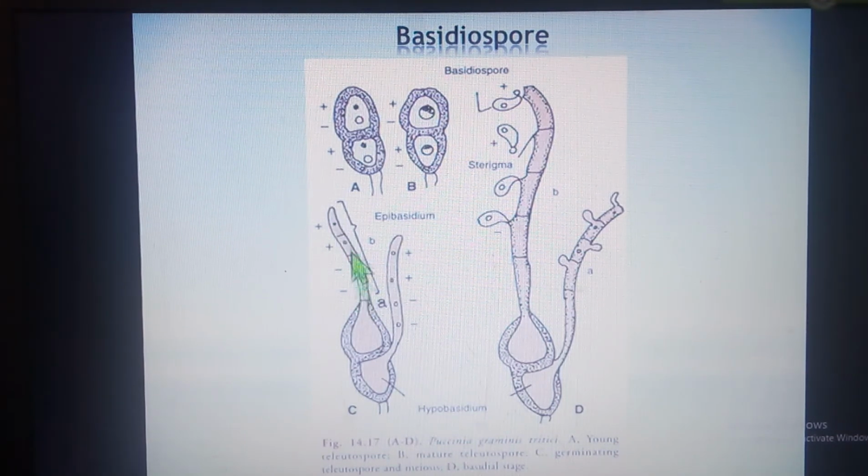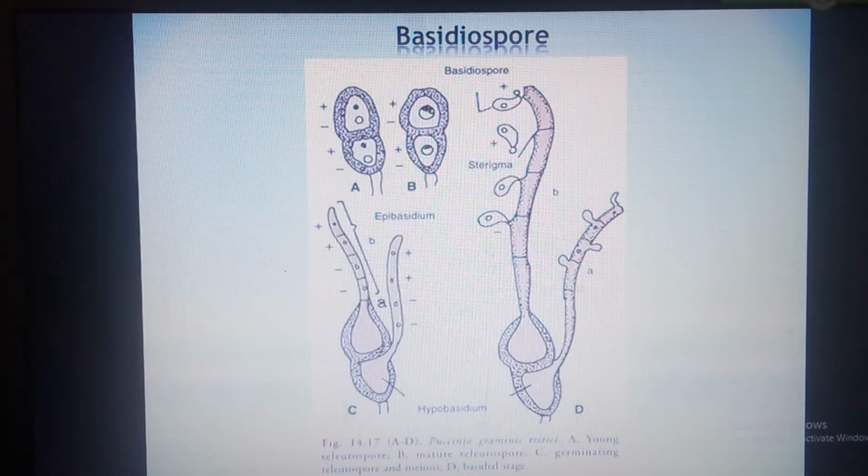Of these 4 haploid nuclei, 2 are of the positive type and 2 are of the negative type. They are different from each other in the genetic material. That's why they are known as the positive type and the negative type, just to differentiate between these 2 types.